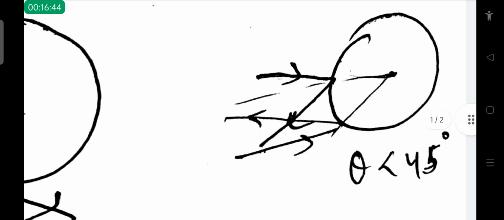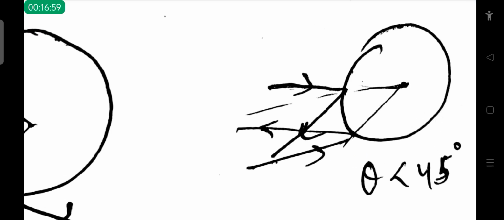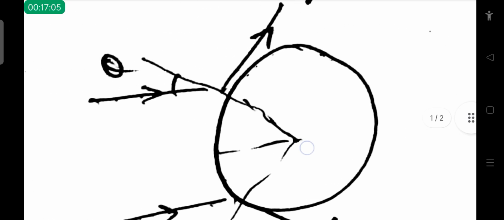So if theta is less than 45 degrees, it will be reflected in this plane backwards. Like if the light was incident in i cap, it will be reflected in minus i cap with some components. I don't care, but basically it will be reflected backwards.